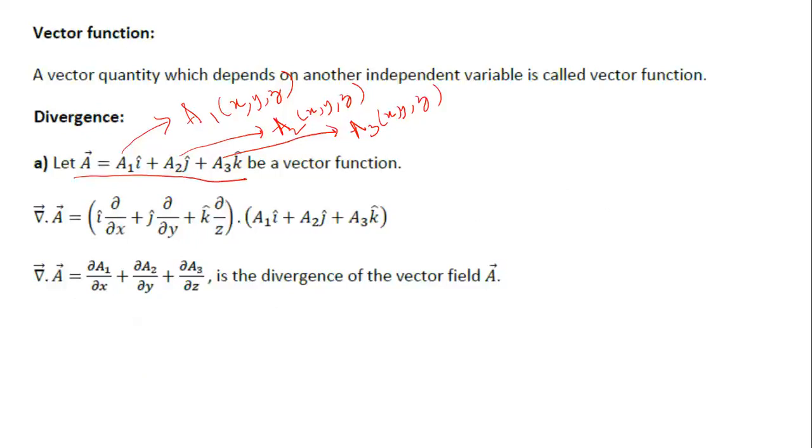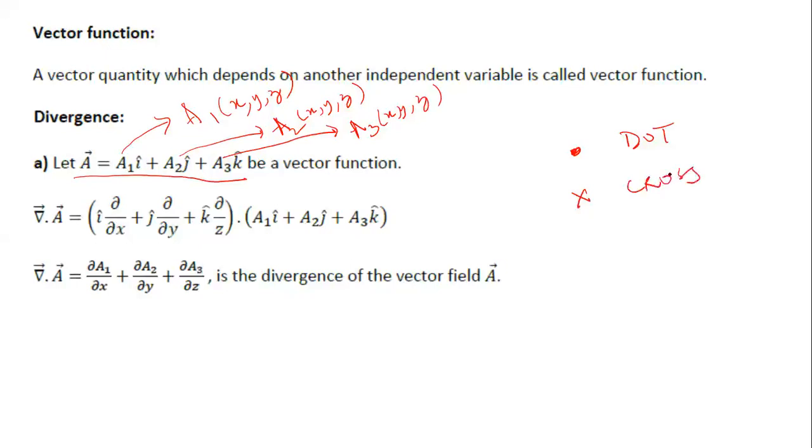So this del operator is a vector operator, and A is another vector quantity. I think in your class 10, 11 and 12, you already know that, as I discussed, there is a dot product and a cross product.